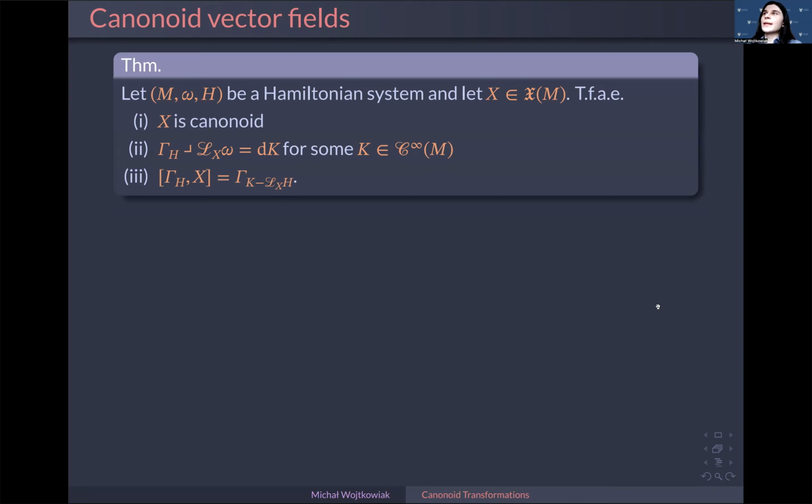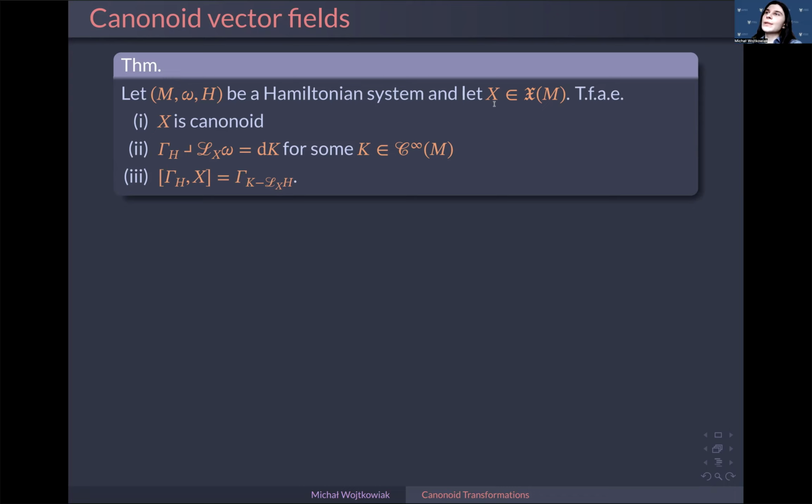One such theorem is that whenever we have a Hamiltonian system, there are some equivalent conditions for a vector field to be canonoid. If we calculate the Lie derivative of the symplectic structure and then contract it with the Hamiltonian vector field, and we get an exact one-form in return for some primitive function k, then we know the original X was canonoid.